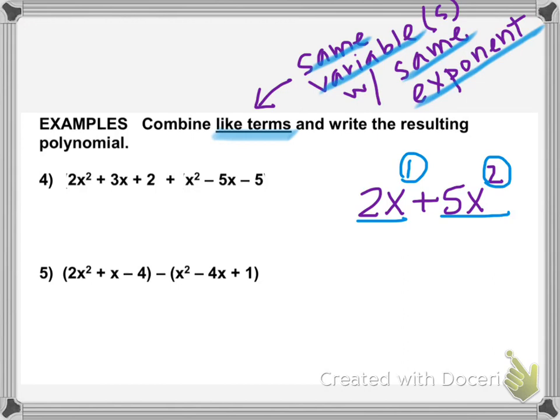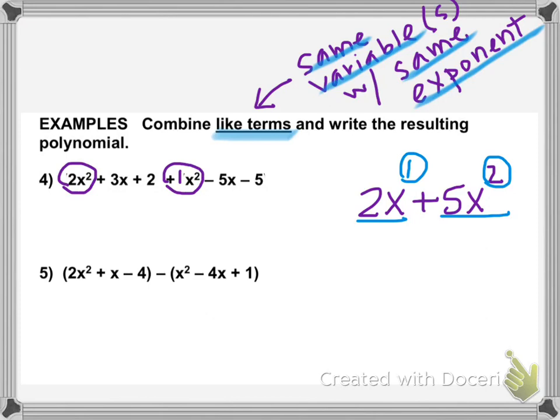So, for example, the 2x squared, it has an x variable with an exponent of 2. Let's see if we have any other terms that have an x variable with an exponent of 2. I also see this 1x squared here. Now notice I'm circling the plus in front of it so that I know that that's a positive one.